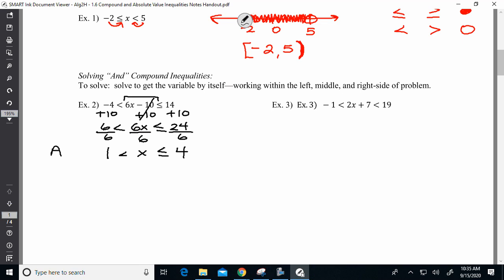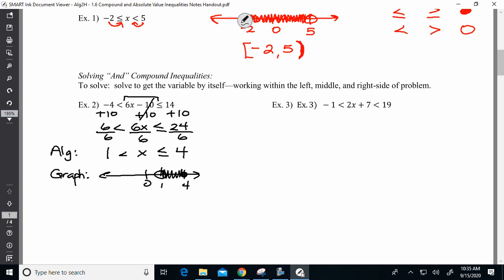So, there's our algebraic answer. Now we do our graph. Put our number line, 1 and 4. 1 has a less than sign next to it, so it gets an open circle. 4 is less than or equal to, it's a closed circle.